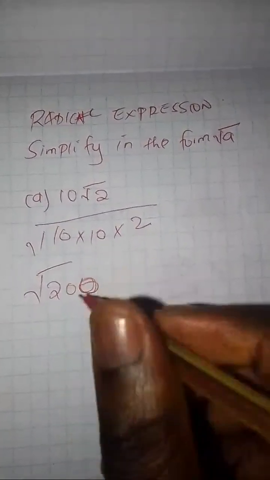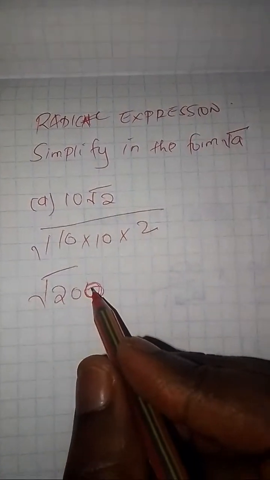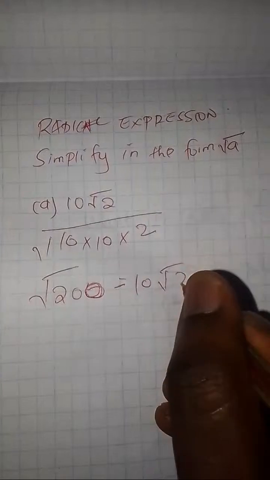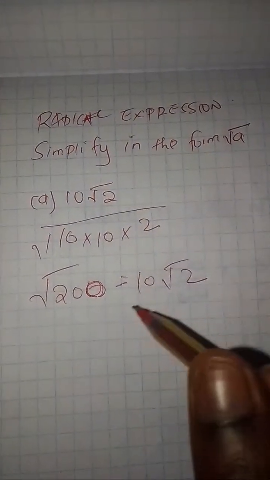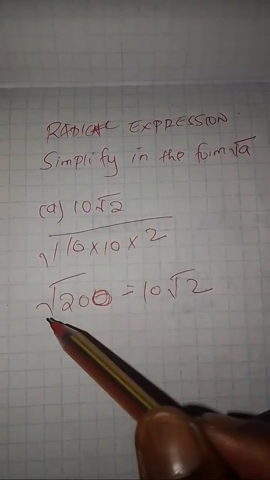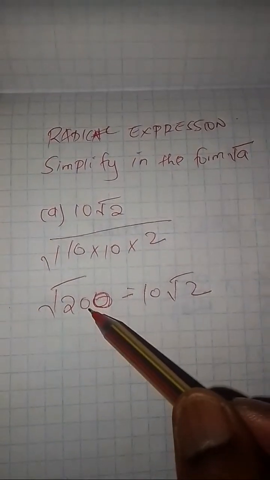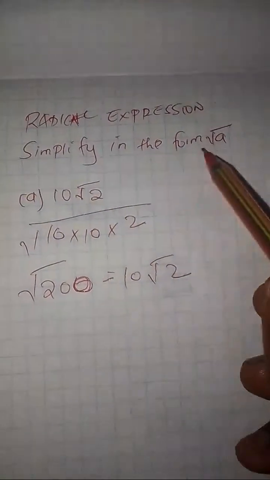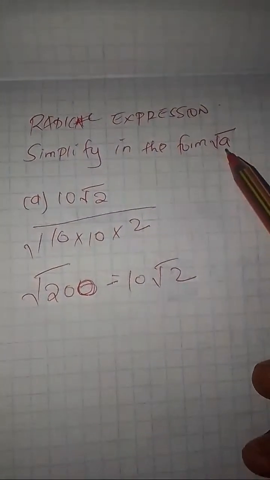So root 200 is the same as 10 root 2. The only difference is that we've written 10 root 2 in the form of root 200. And this is what we are asked to do, simplify it in the form of root a.